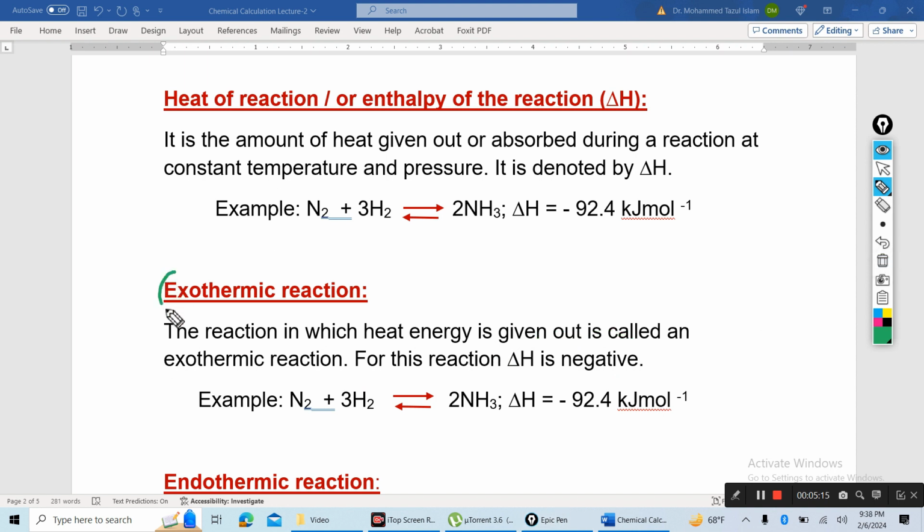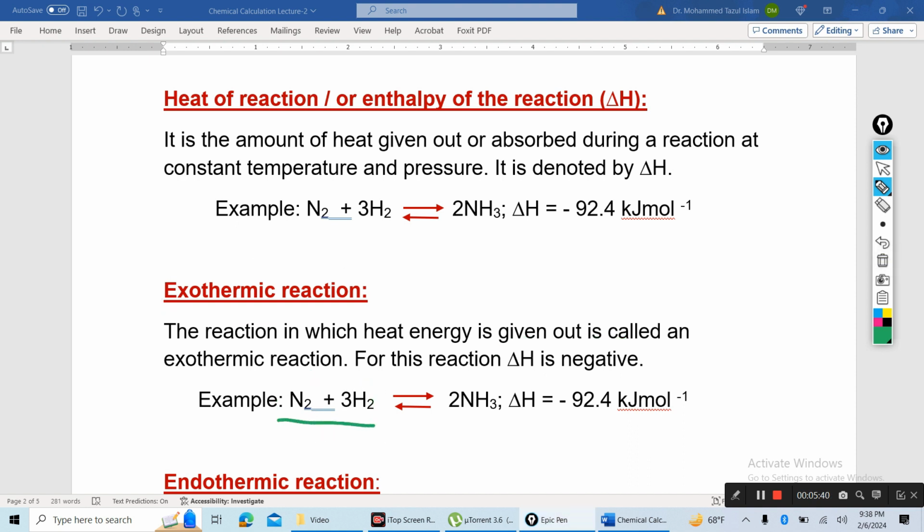So what is exothermic reaction? The reaction in which heat energy is given out or produced or released, that reaction is known as exothermic reaction. For this reaction del H value is negative. So you see, nitrogen reacts with hydrogen.